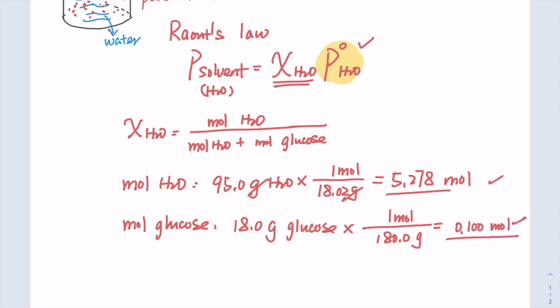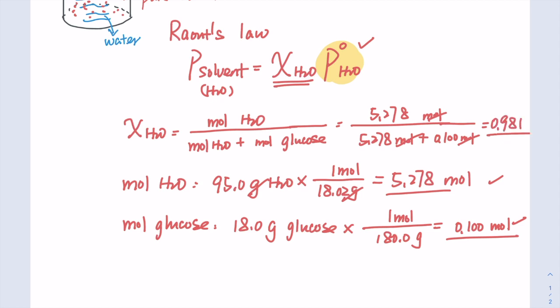Plugging in, we have 5.278 divided by 5.278 plus 0.1. The moles cancel out, so mole fraction doesn't have a unit. It's a fraction, so the number should be between 0 and 1. We got 0.981, and we can plug that in.